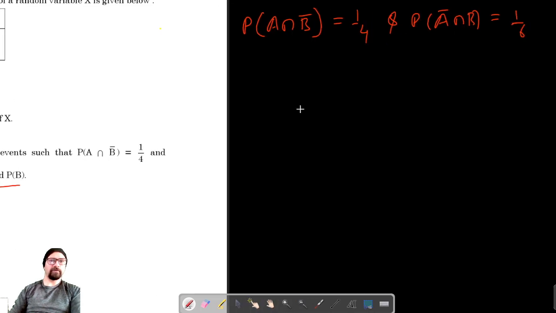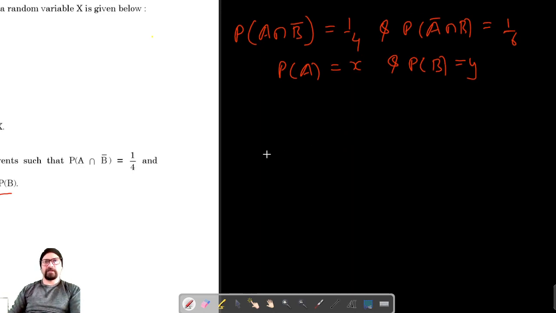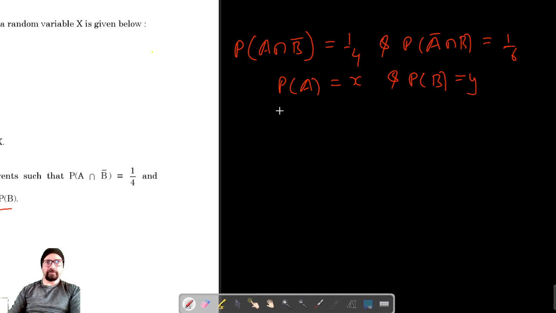We have to find the probability of A and B. So let's say the probability of A is equal to X, and the probability of B, let's say, is equal to Y. Now, if the probability of A is X, then the probability of not A is equal to 1 minus the probability of A, which is equal to 1 minus X.